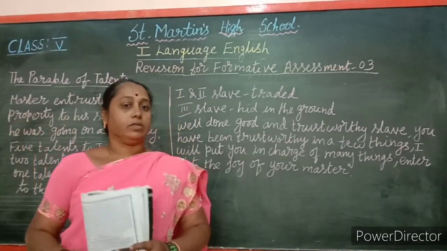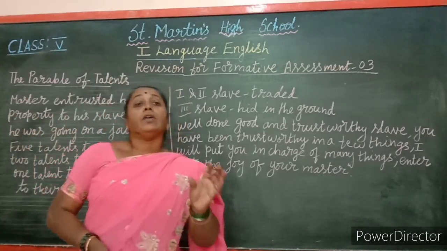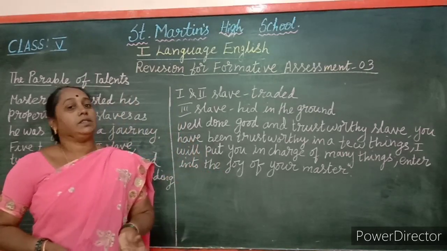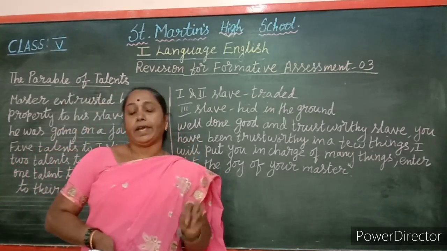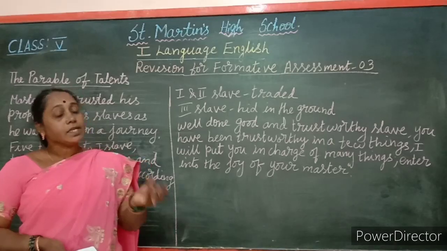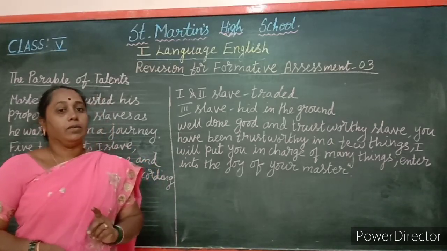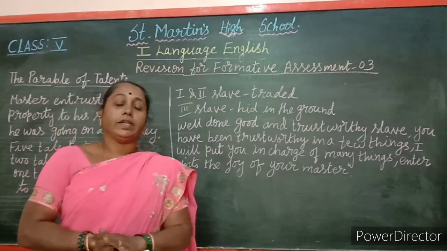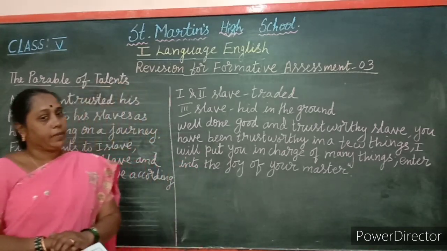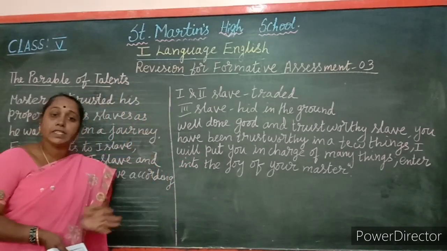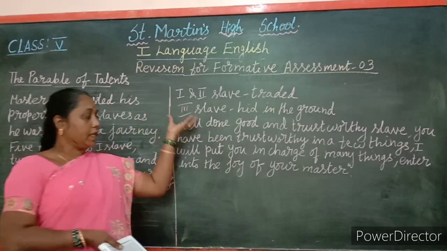When he went out on a journey, to the first slave he gave 5 talents, to the second slave he gave 2 talents, and to the third slave he gave 1 talent, according to their ability. What did the first and the second slave do?